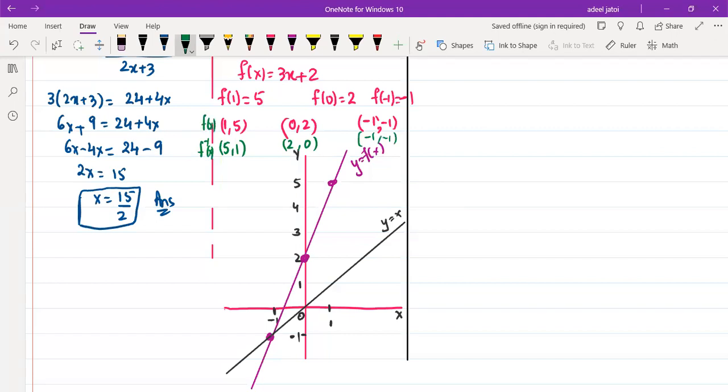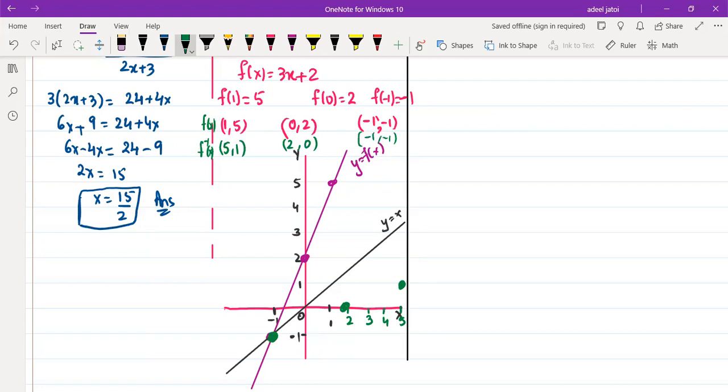f(x). So what I need to do is 1, 2, 3, 4, and let's say 5 is here. So your (1, 5) becomes (5, 1). Your (0, 2) becomes (2, 0). And finally (-1, -1). So if you see, there will be a point on the line y is equal to x.